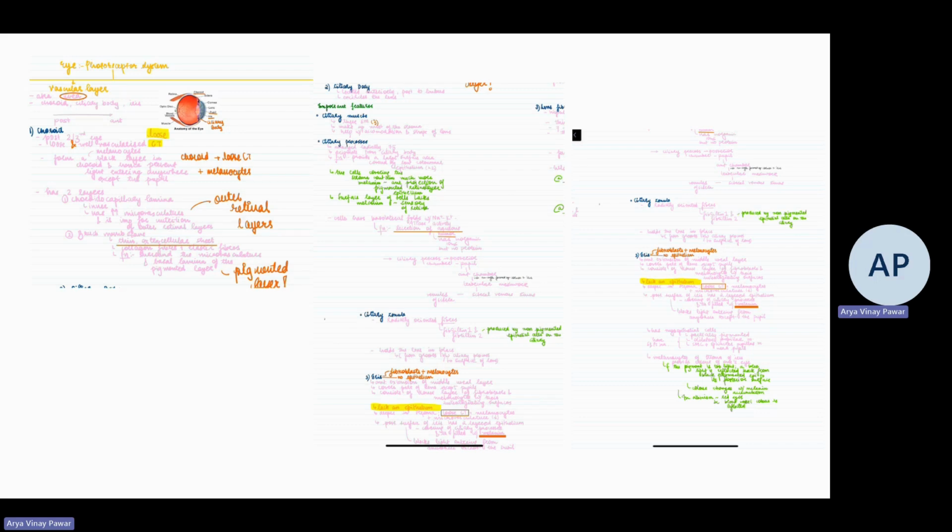Next, we have the ciliary processes. These are radially arranged processes that originate from the ciliary body itself, and they also help in changing the shape of the lens. Another thing is that the ciliary processes have cells.